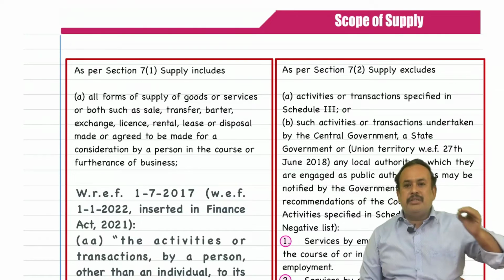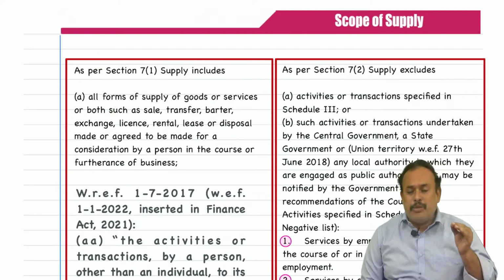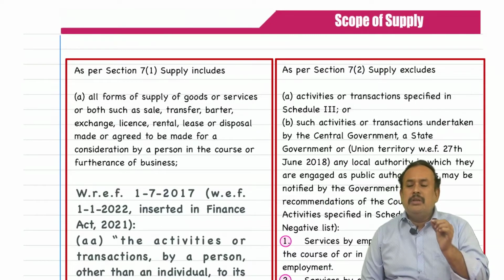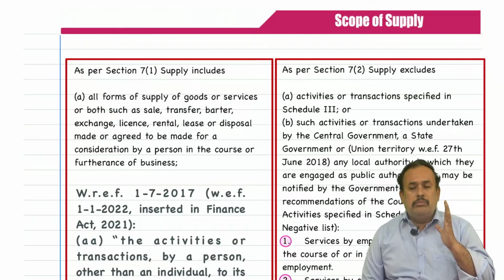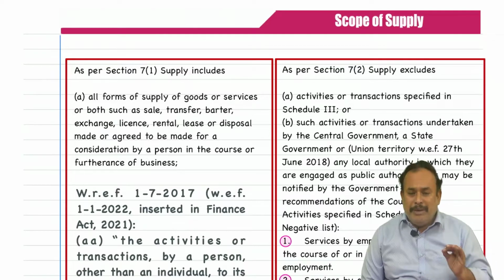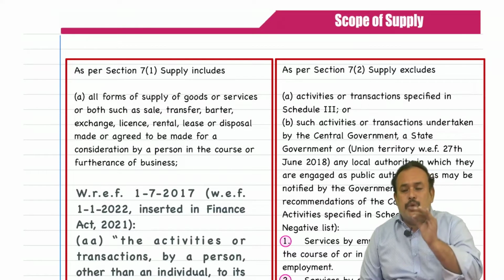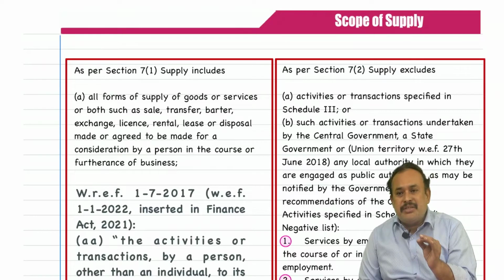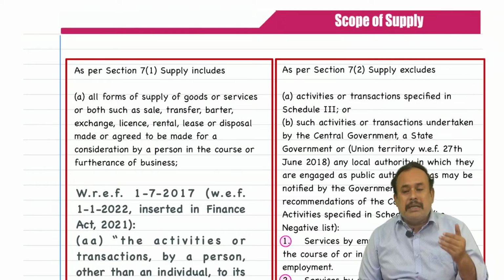In the last class, we understood by discussing elaboratively the concept of Schedule 2, namely, what is supply of goods, what is supply of services in different scenarios we come across.